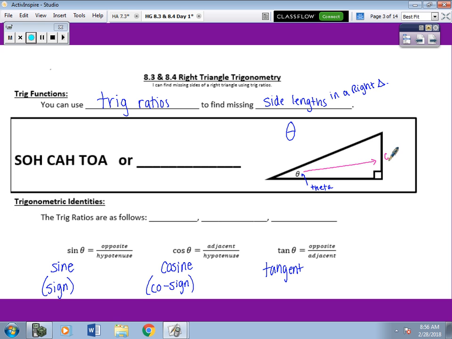So label this your opposite. The adjacent side is the side that is beside theta. That is a leg and not a hypotenuse. So we would call this the adjacent side. Lastly, our larger side is always our hypotenuse.